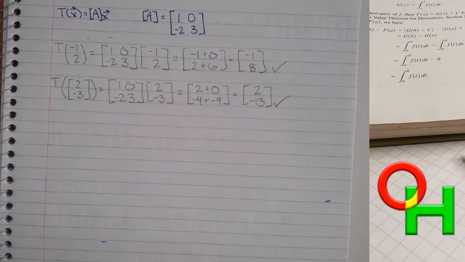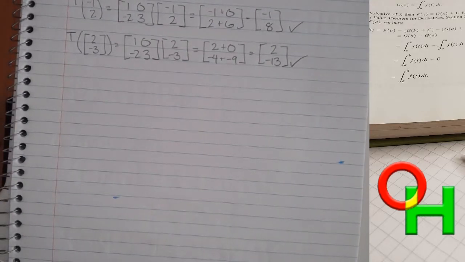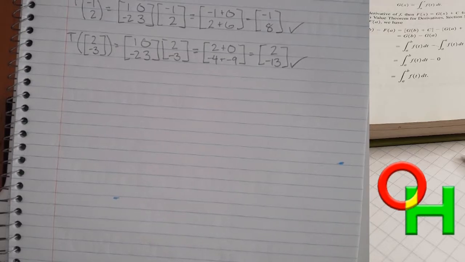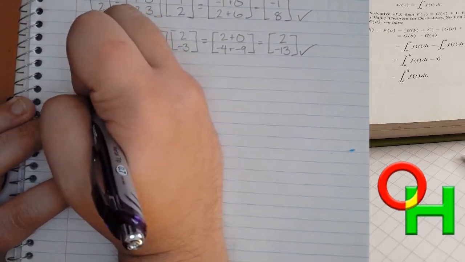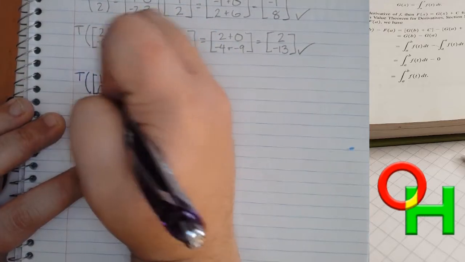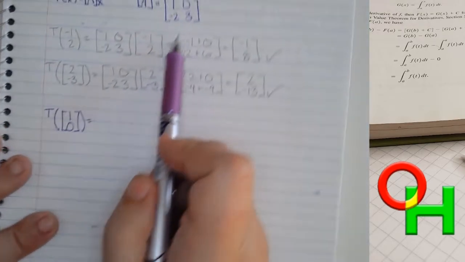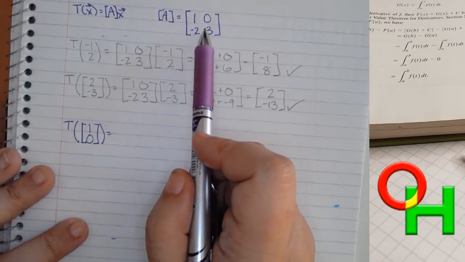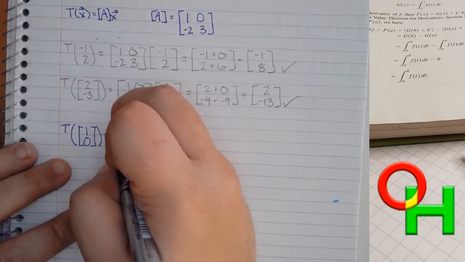Now we can find the transformation of (1, 0) and the transformation of (0, 1). To do the transformation of the vector (1, 0), we take our matrix A and multiply it by the vector.